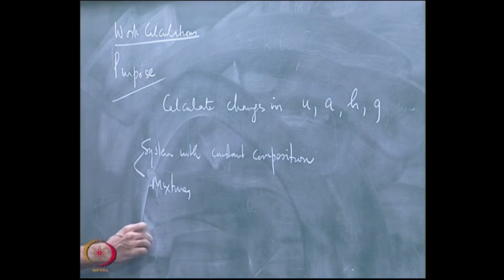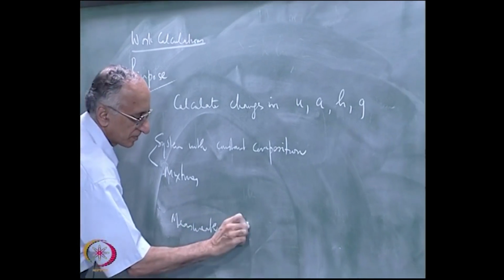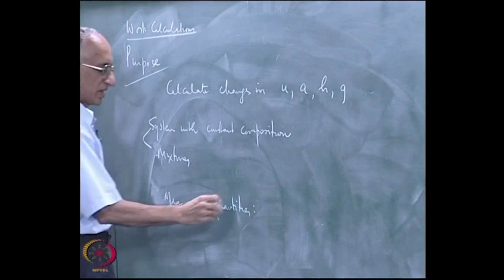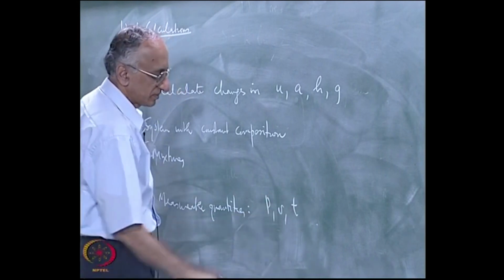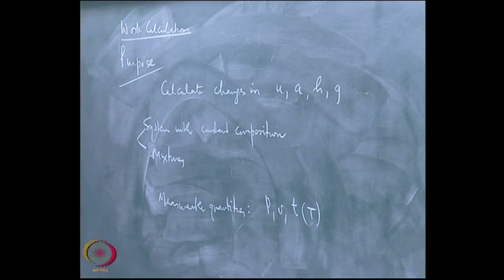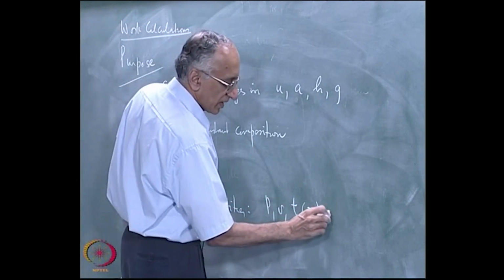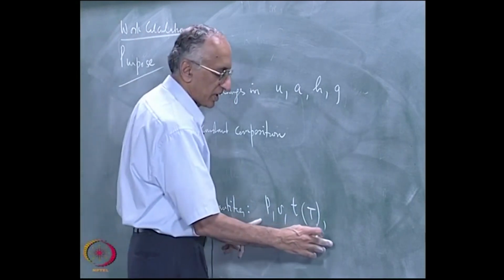In all these cases we list what are called measurable quantities. Measurable quantities as far as we are concerned would be P, V, temperature, you can put in brackets absolute temperature, and these are properties.